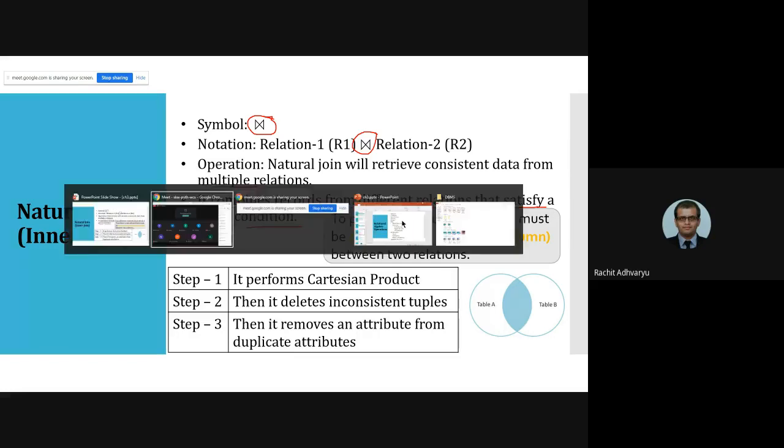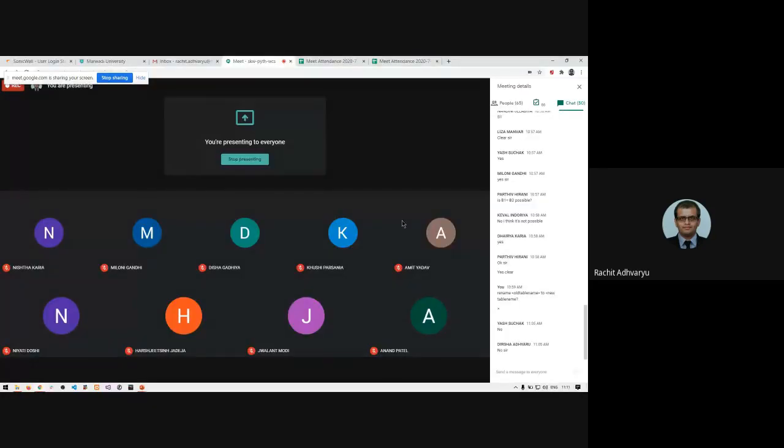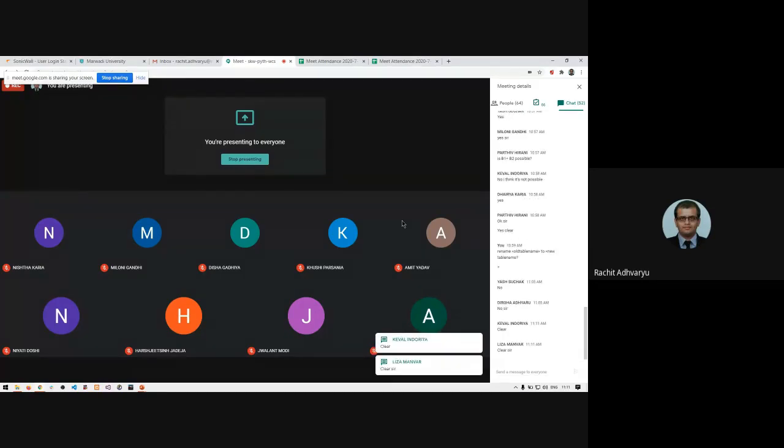Is this clear till here? What is join? Merging of tables, removing of unwanted data, and removing of unwanted or duplicated columns. Clear with this much part? And one rule is that you should have one common column between two tables for joining purpose.